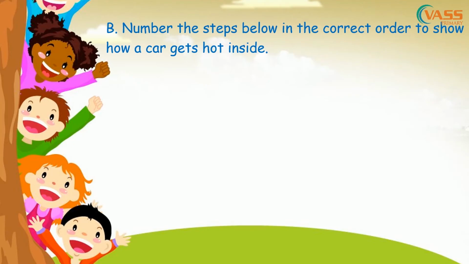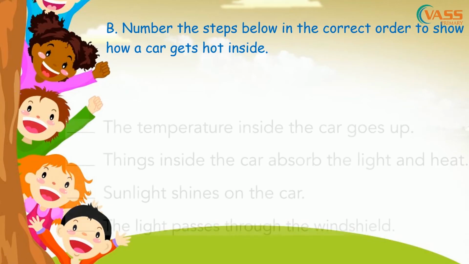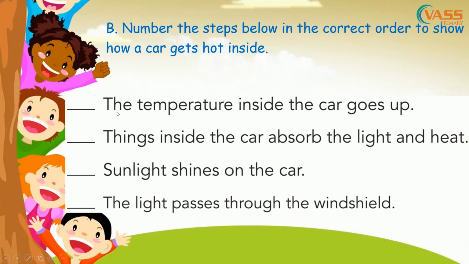Now for our next task, question B. Number the steps below in the correct order to show how a car gets hot inside. Let's read them together from top to bottom. The temperature inside the car goes up.